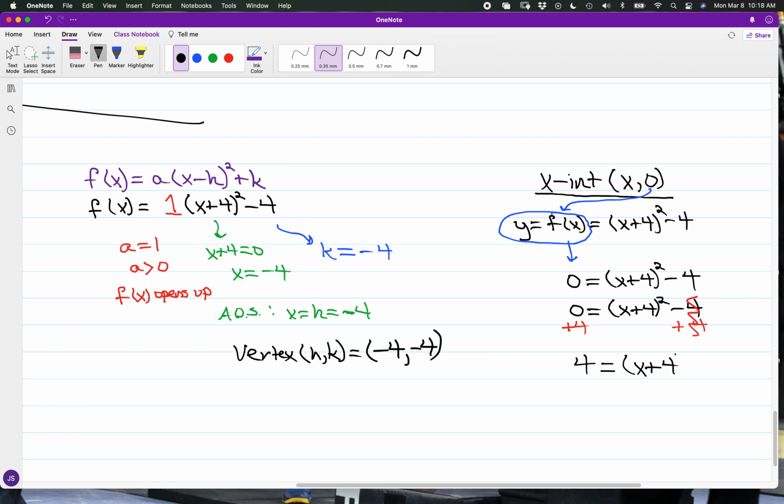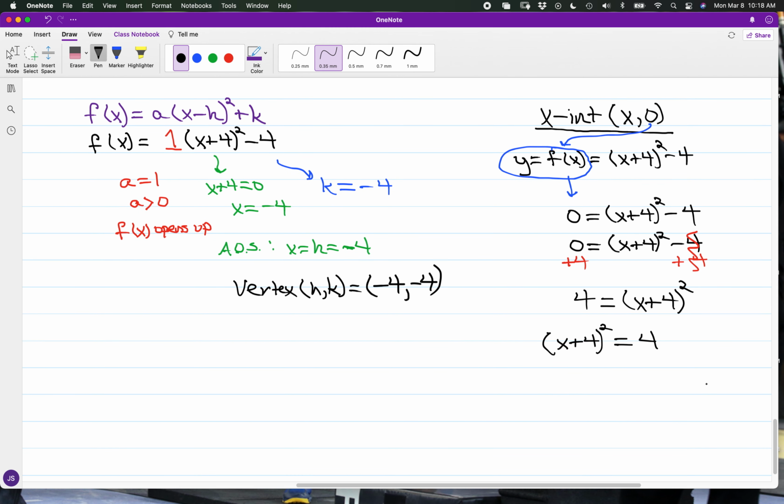So we have that 4 is equal to the square of x plus 4. And I'm just going to switch the order, going from a is equal to b format to b is equal to a. So we have the square of x plus 4 is equal to 4, and then following through with the square root property of equality.